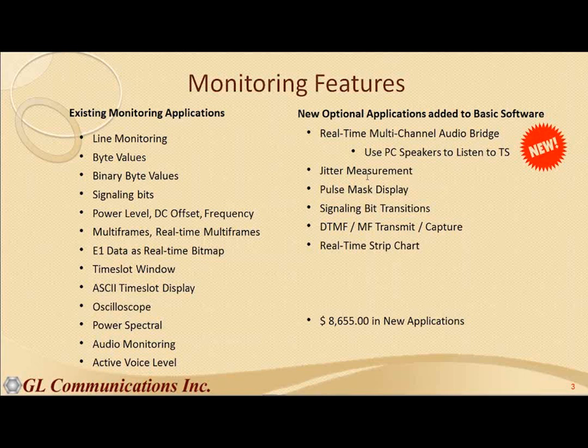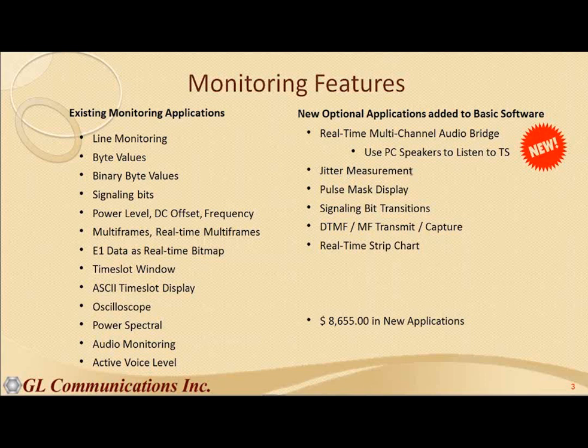Jitter Measurement. You all know T1 lines and E1 lines, and in fact any transmission line is subject to something called jitter, meaning the clock at which the signal is being transmitted can vary instantaneously from one frequency to another or one phase to another. So this is an impairment actually, and it should be minimized in the system. Otherwise you will get errors in just decoding the actual bits. So this jitter measurement is a very important measurement, and the ability to generate jitter and also measure jitter is very important.